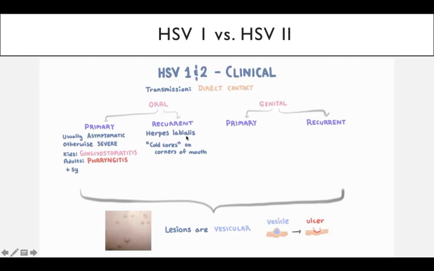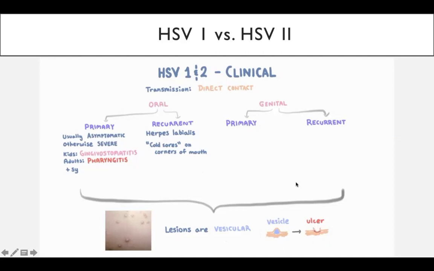So fever followed by rash, maybe HSV. And the lesions are vesicular. You know what we mean by vesicular? A vesicle containing some fluid, elevated from the skin. And after the vesicle erupts, a superficial ulcer is formed, not a very deep ulcer.